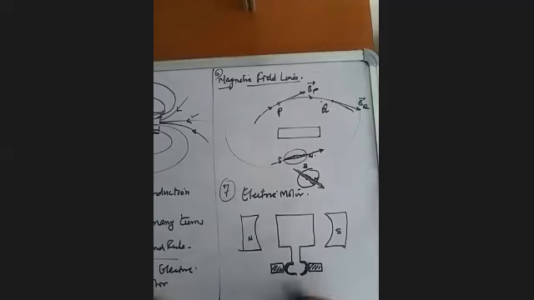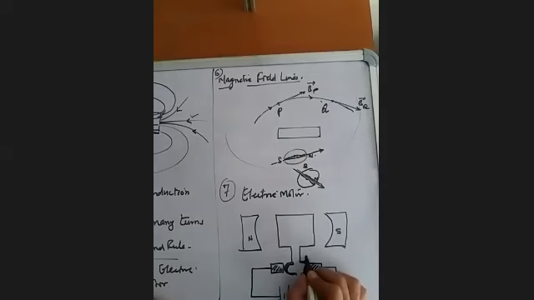Okay, so make big brushes, and these are basically just touching the split ring, just in contact with the split ring, but not fixed with the split ring. And then the source of electricity can be a battery, and that is it. This is the diagram, a very simple diagram.